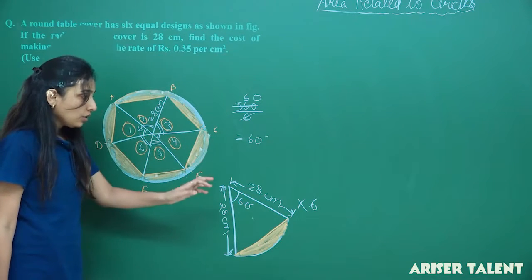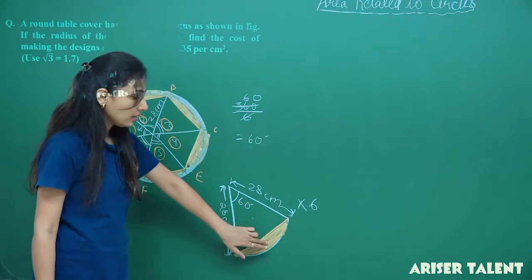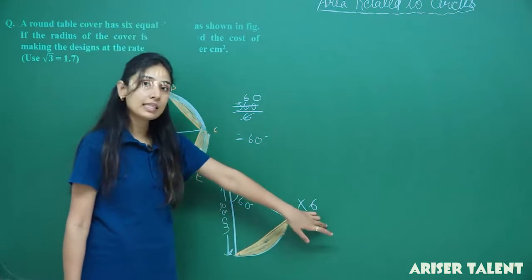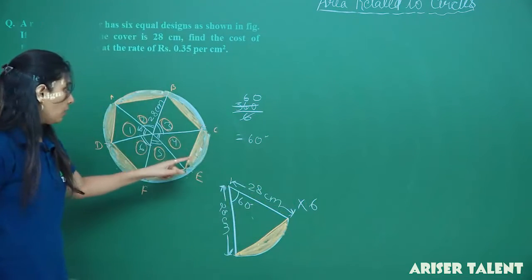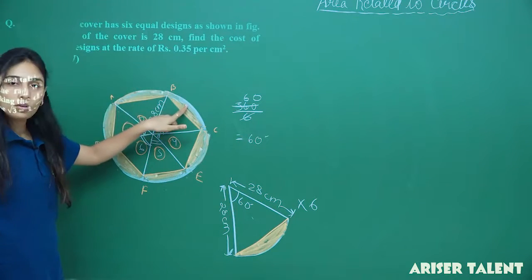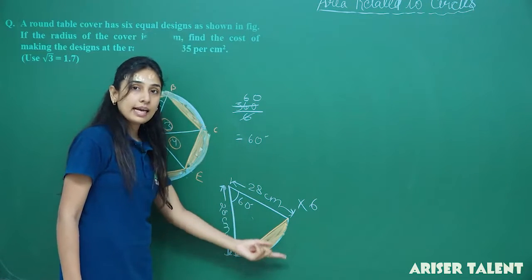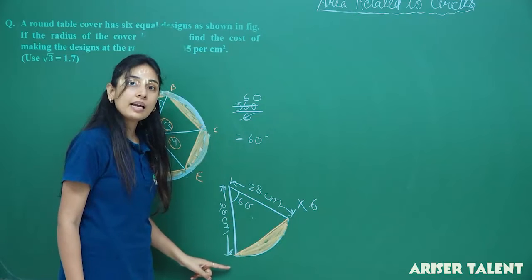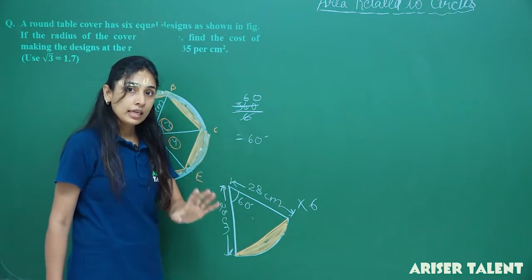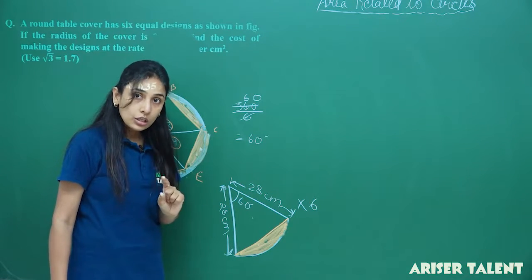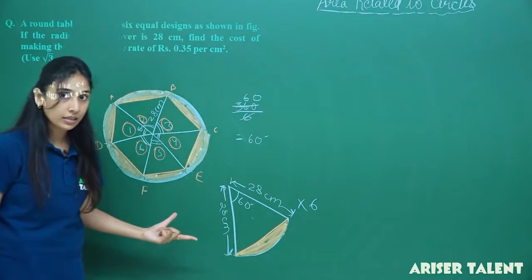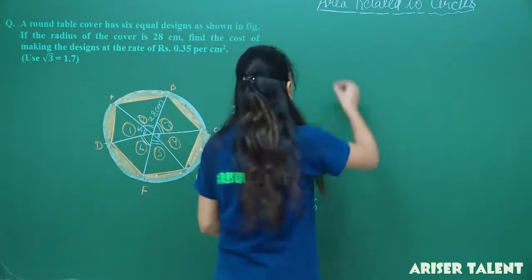Okay. So, can I have this area multiplied by 6, that will give me all the areas. Okay. Now, this is a sector, this is a segment. Now, I am having the segment area formula. So, I will just use that formula here.